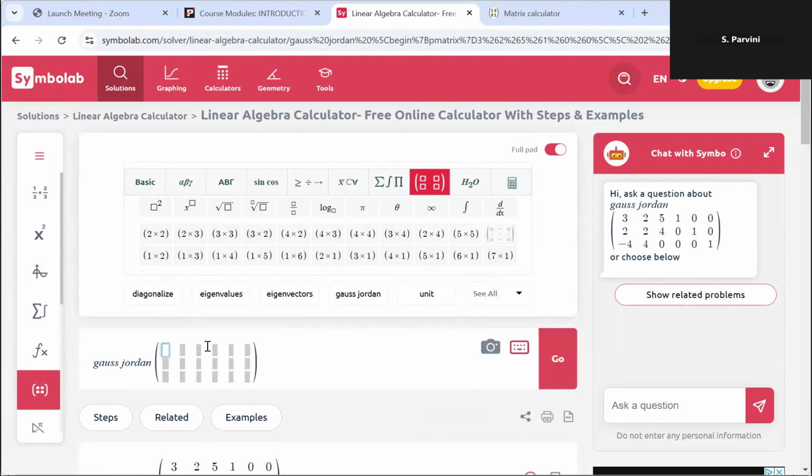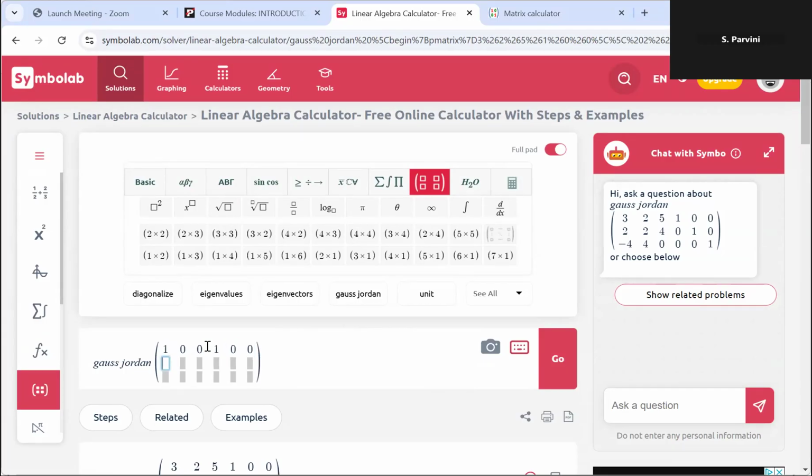The first row of A is 1, 0, 0, and I'm going to put the identity matrix on the other side.